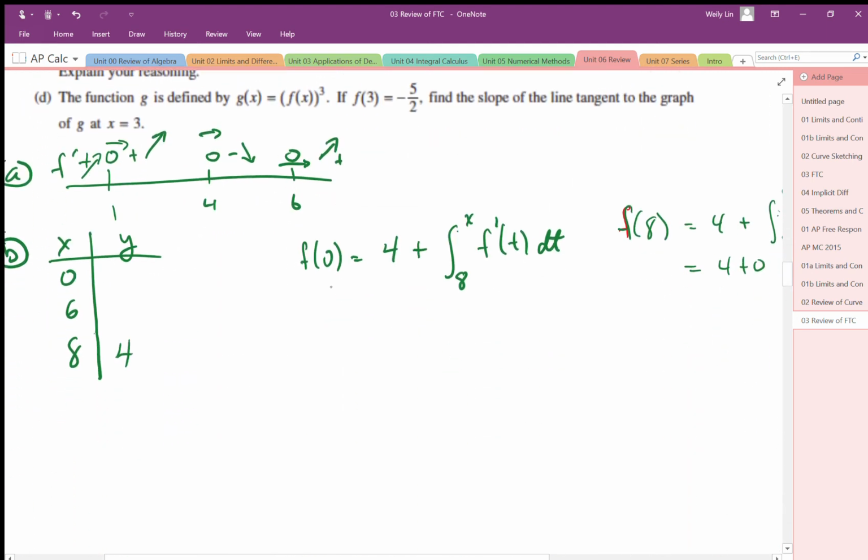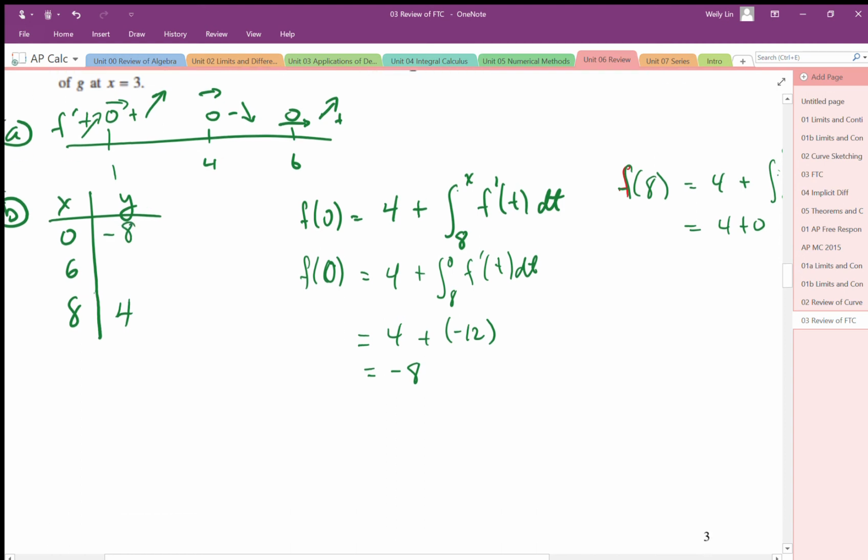So my displacement is going to be -12. From 0 to 8 of f prime t dt, my displacement was -12. So my y value is going to be -8.